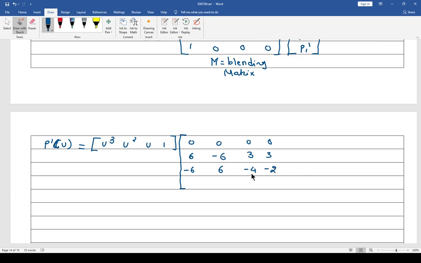You may verify these values later on, but it is minus 2 from my side. 0 0 1 0. Okay, so this is correct. I'm just not sure of the minus 2, you could verify.